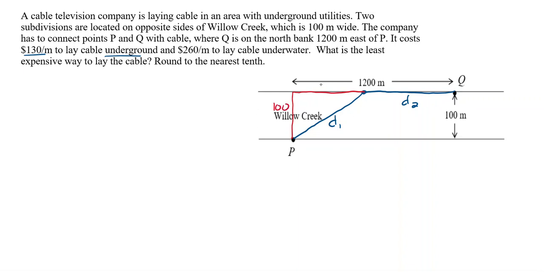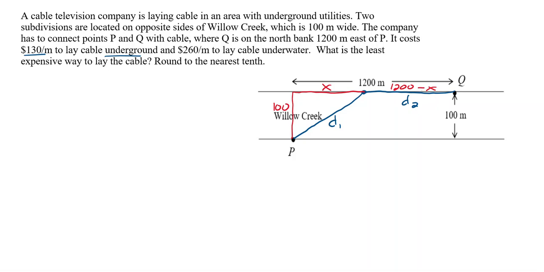I'm going to call this length right here X, so that's X to that point. And then D2 is going to be 1,200 minus X, and that would make up the whole thing. When I start doing my equations, we're going to be in terms of X.